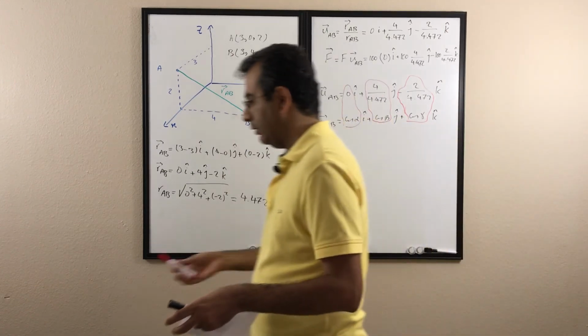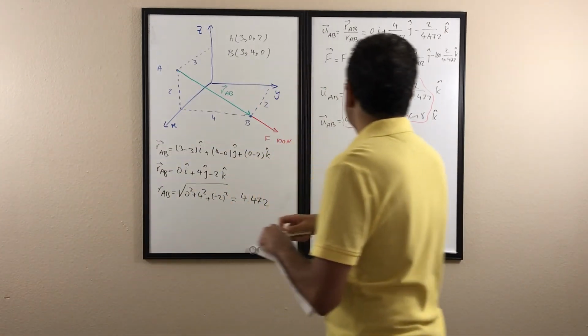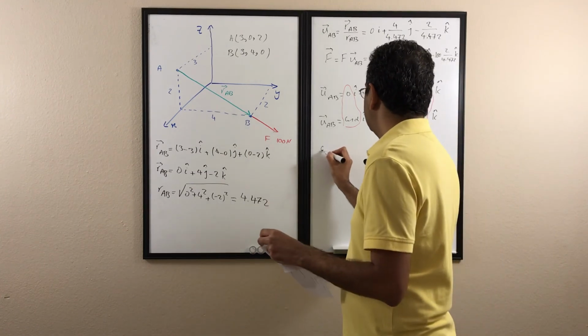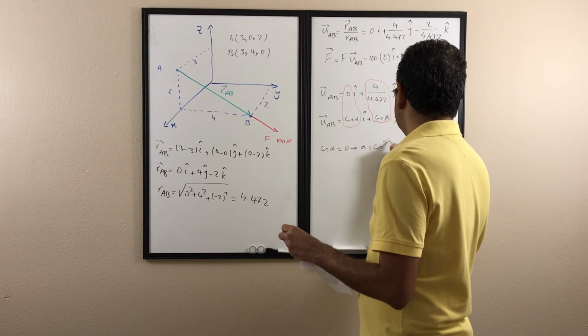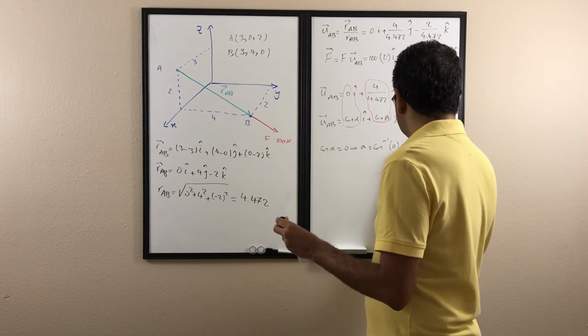So I calculated alpha, beta and gamma. We know that cosine alpha is 0, then alpha is cosine inverse of 0, which is 90 degrees.